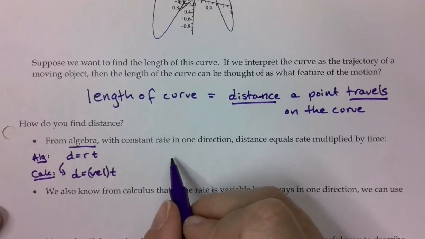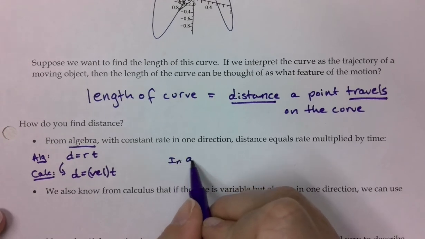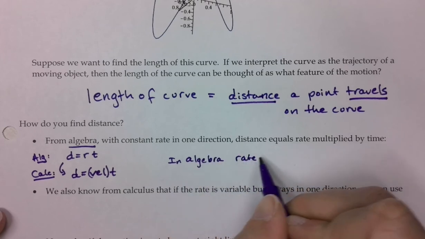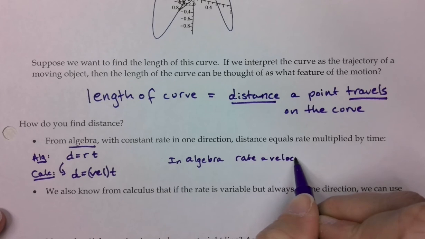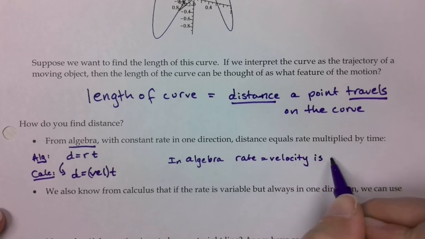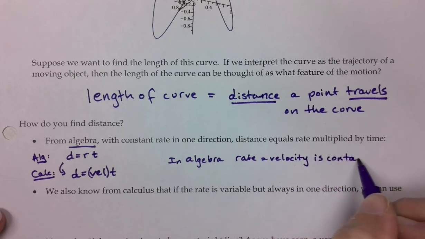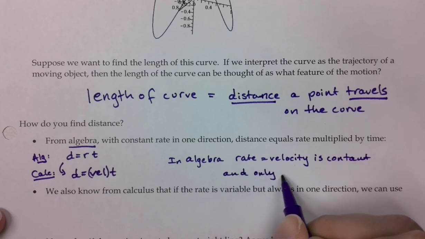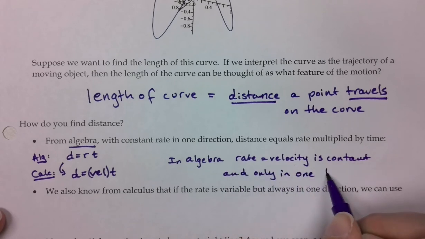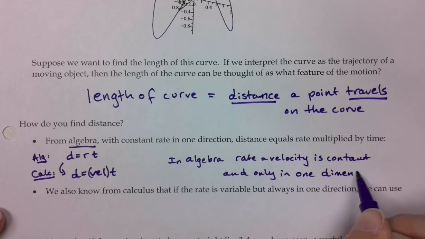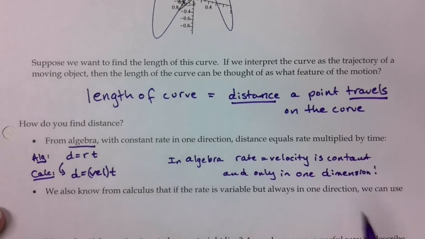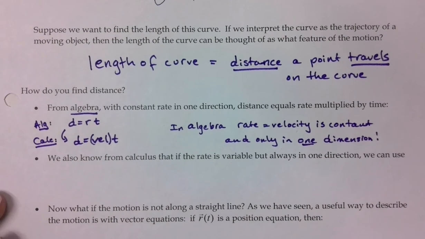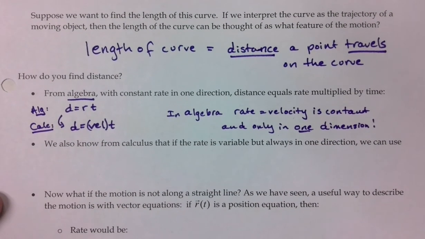That implies in algebra that your rate, your velocity, is constant, and it's only in one dimension. But in calculus, we learn that there's a little bit more going on there.